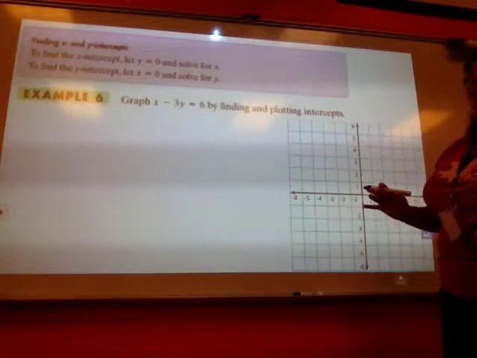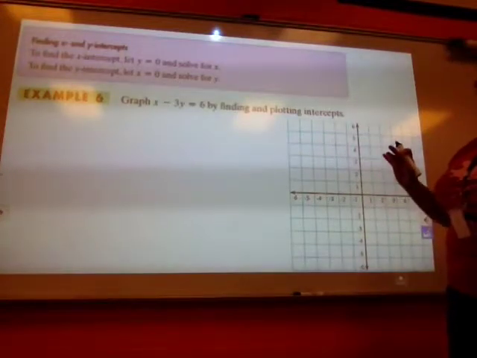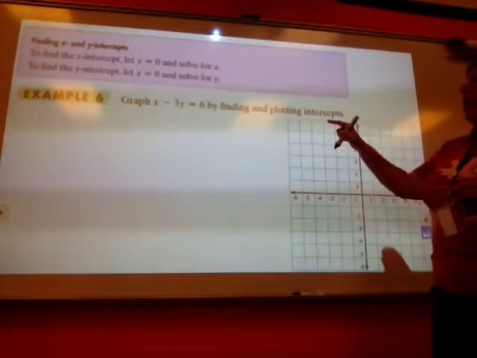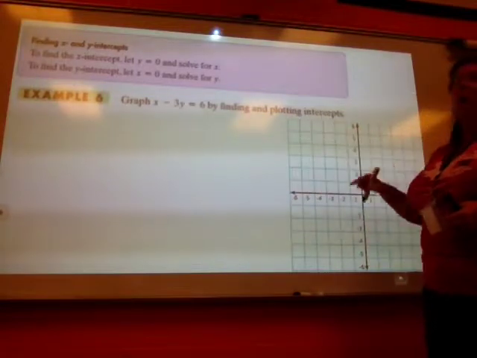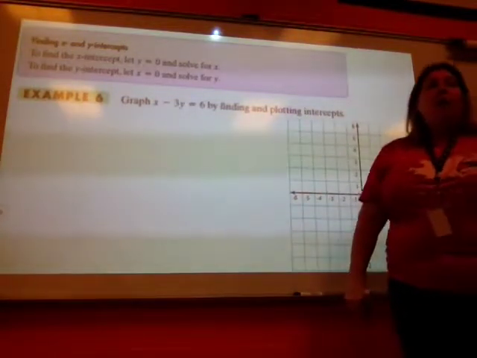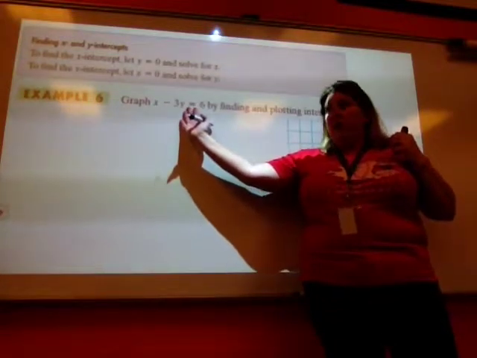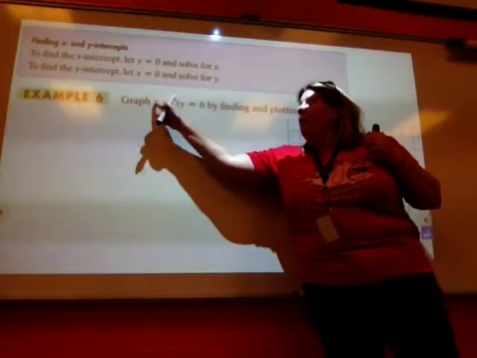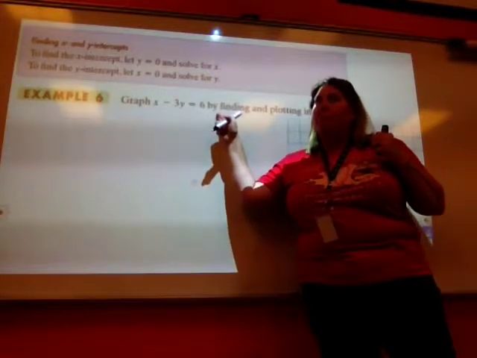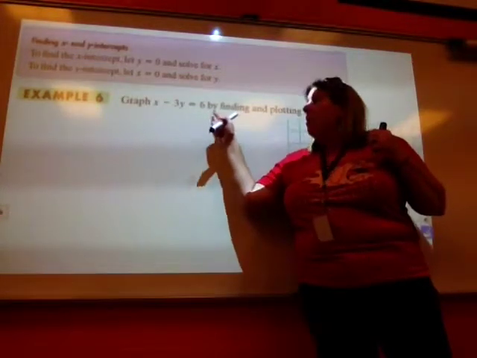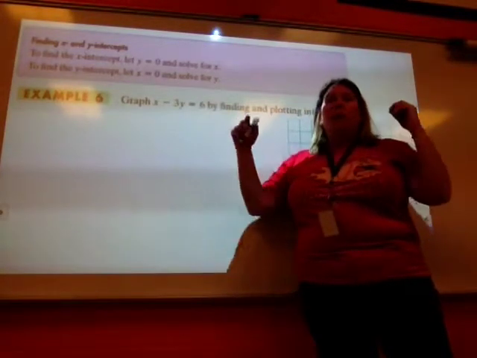We want to graph the equation x minus 3y is equal to 6 by finding and plotting our intercepts. Well, this is what type of equation? Linear, because it is written in standard form.